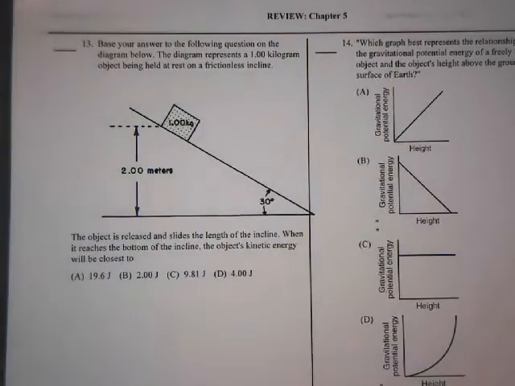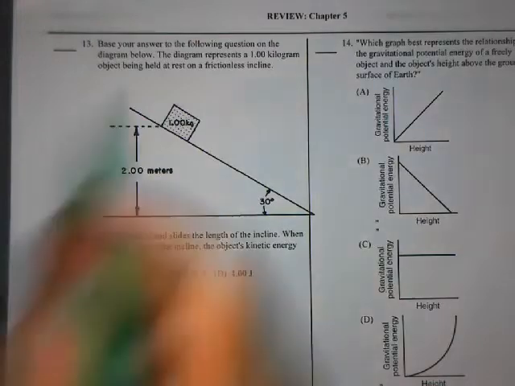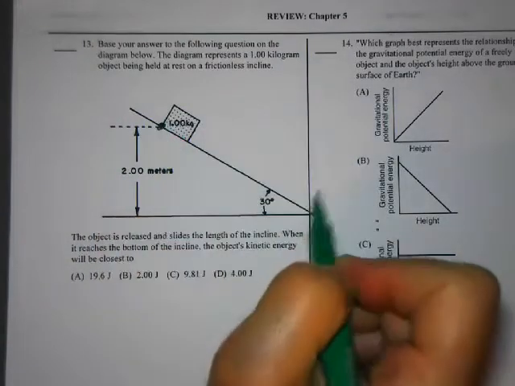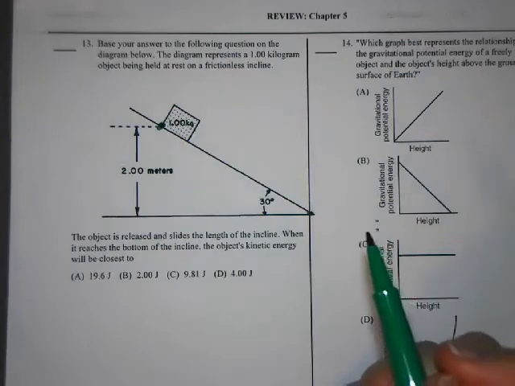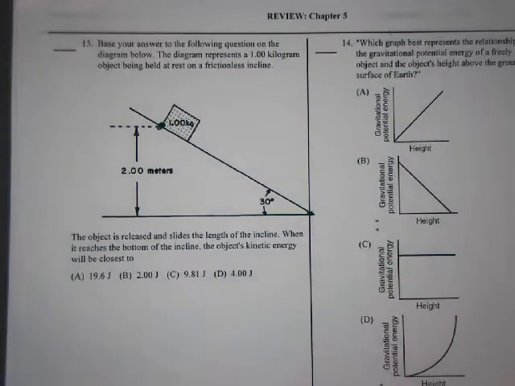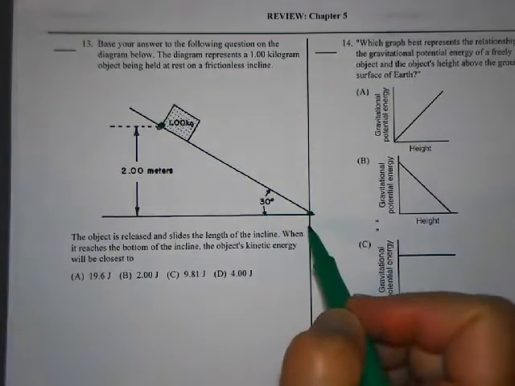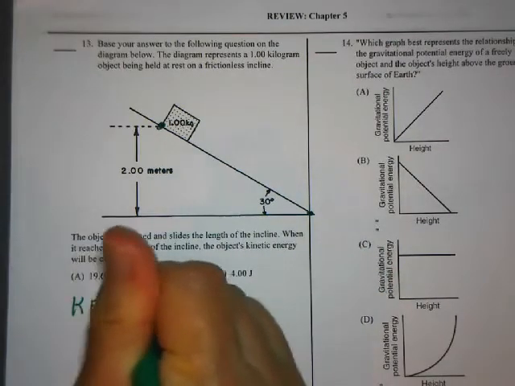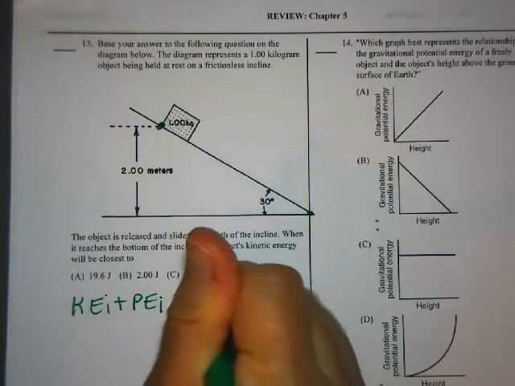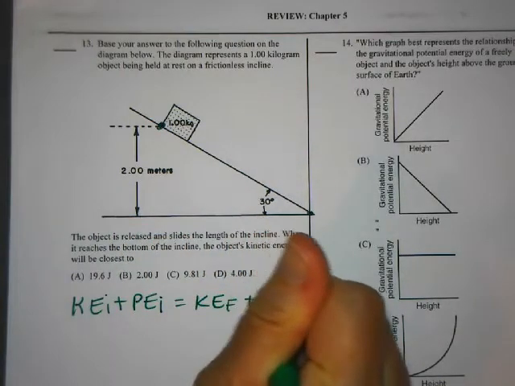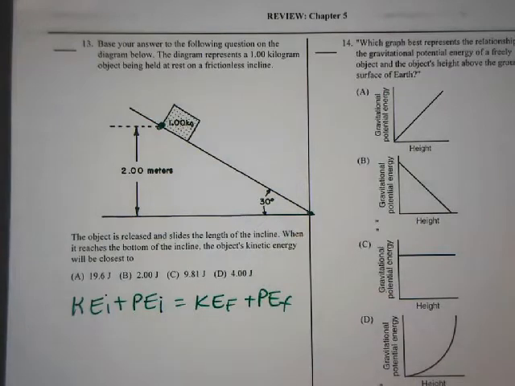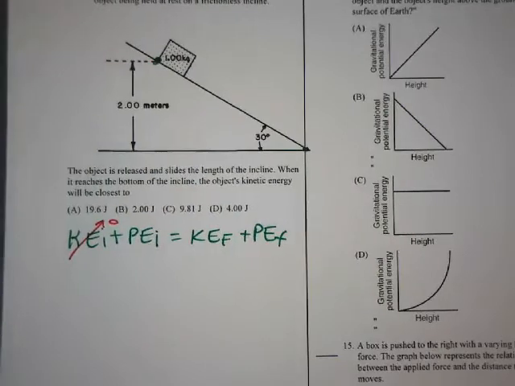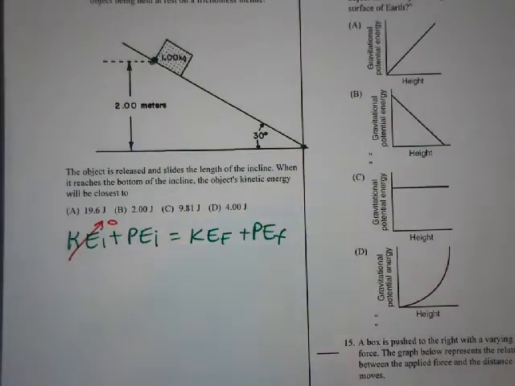The kinetic energy. This is still conservation of energy. So the total energy here is equal to the total energy at the bottom. If I wanted to write conservation of energy, remember the bottom of the incline is going to be base level. I would say KEI plus PEI is equal to KEF plus PEF. Now, initially it's at rest, so the initial kinetic energy is 0, and when it's at the ground, the potential energy is 0.